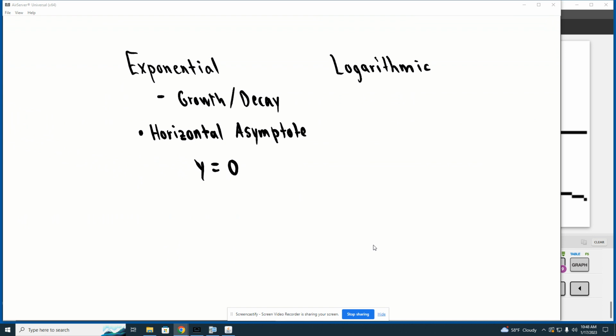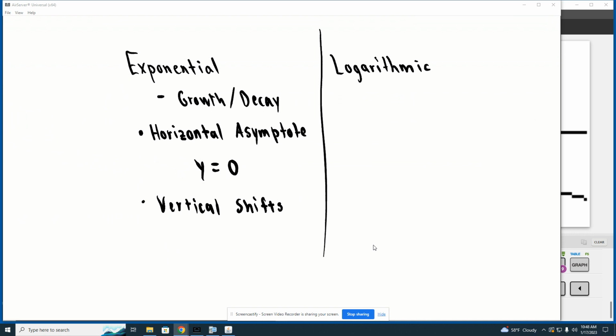Your horizontal asymptote was affected by vertical shift. Vertical shift affected horizontal asymptotes. Y'all remember that? Yes? Okay, now, please remember the connection that we've talked about.